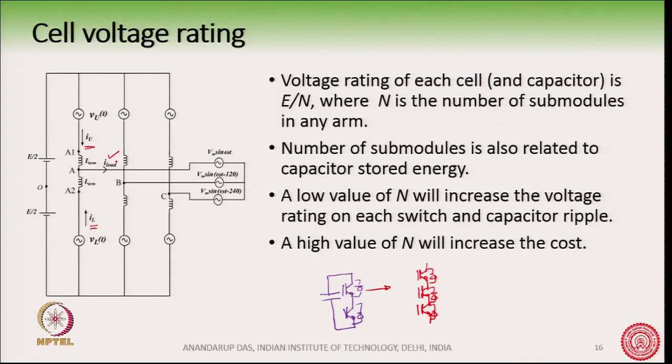And since this is fed from both the upper and the lower arm, both the upper arm and the lower arm will contain a fraction of this load current, and that is evident from Kirchhoff's current law. So, IU and IL will have a fraction of the load current, and generally because of the balanced operation of the converter, the upper arm and the lower arm in each phase contain half of the load current.